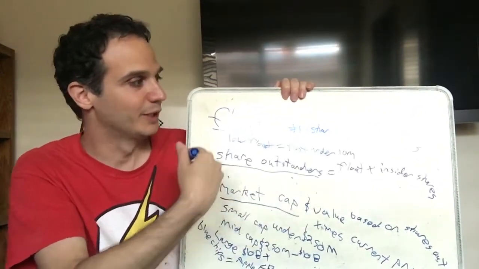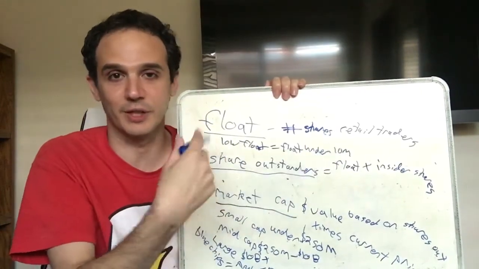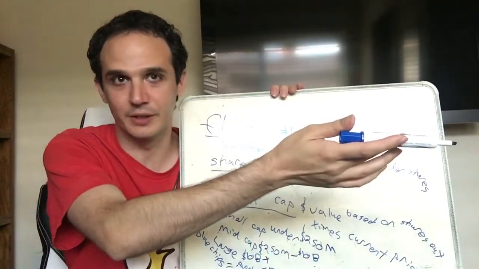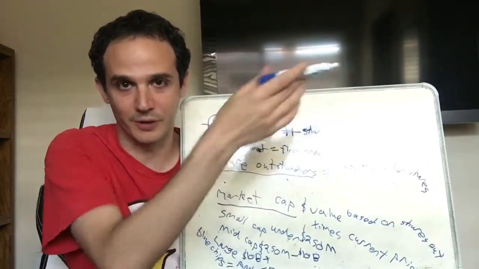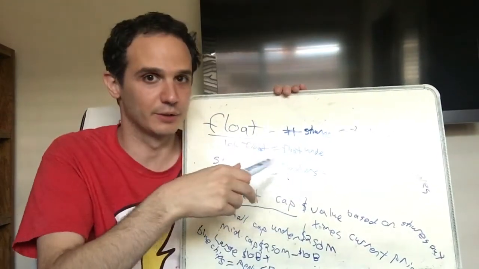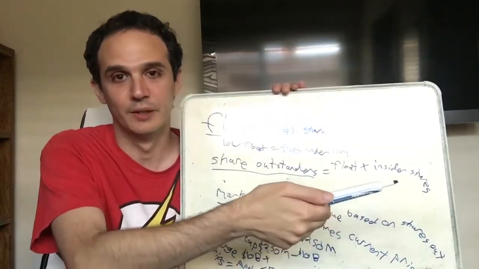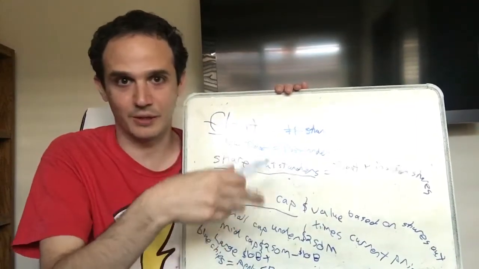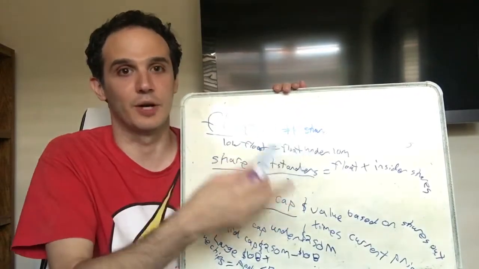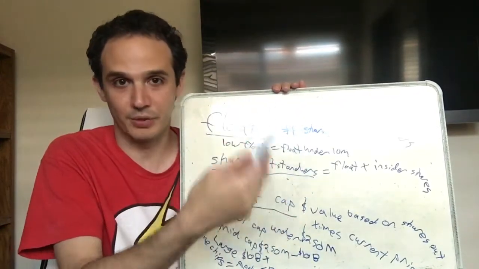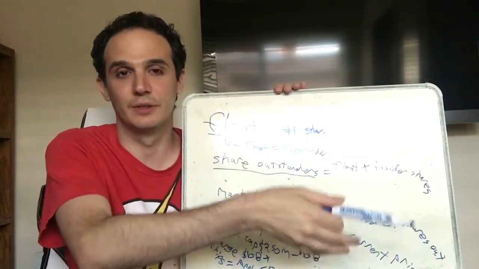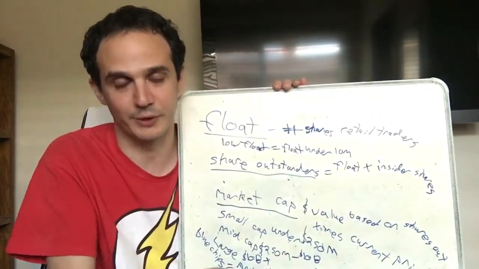So if the float is 5 million and the volume at the end of the day is 50 million, you take that volume, divide it by the float, and we'll say the stock rotated through its float 10 times. So if a stock rotates through its float a lot of times, it won't be so surprising for it to maybe spike 50 to 100% or more.